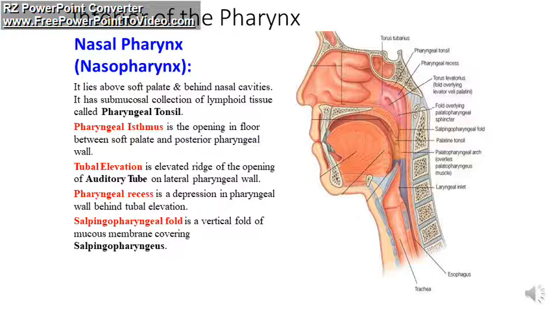And the salpingopharyngeal fold is a vertical fold here of mucous membrane covered by salpingopharyngeus. Any question? This is the nasopharynx area.